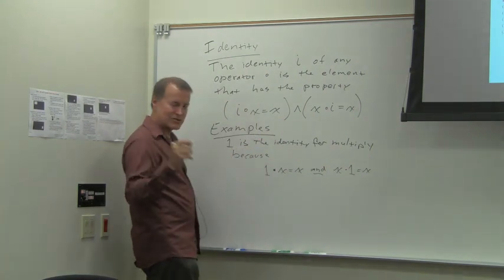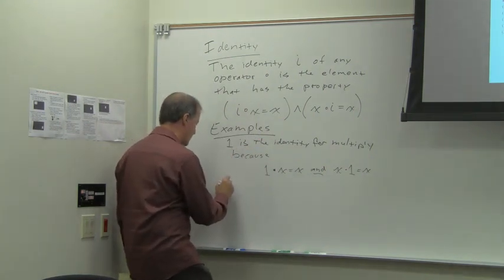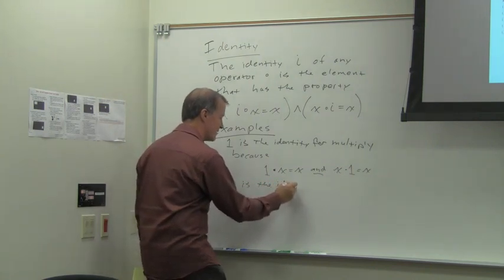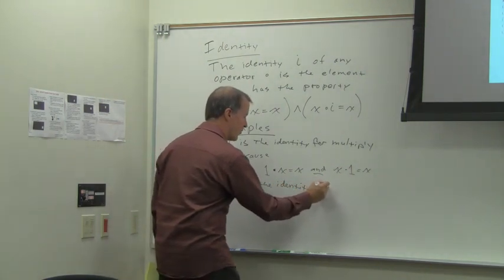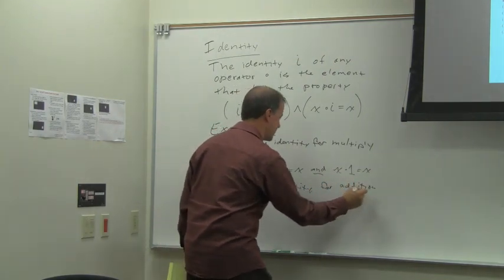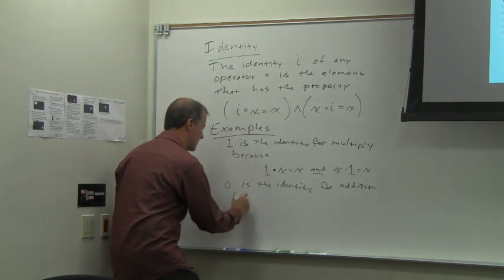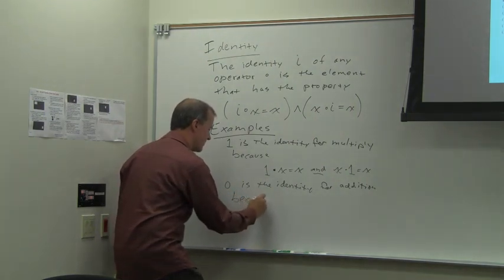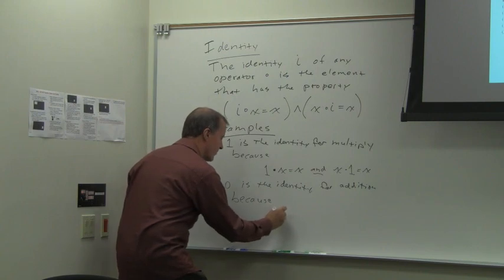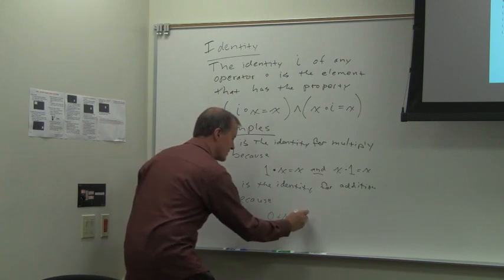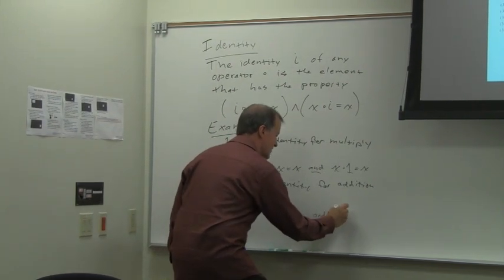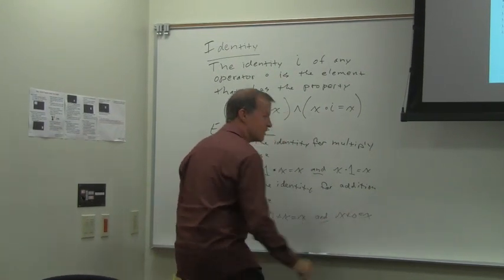On the other hand, 0 is the identity for addition, because 0 plus x equals x, and what else? x plus 0 equals x, right?